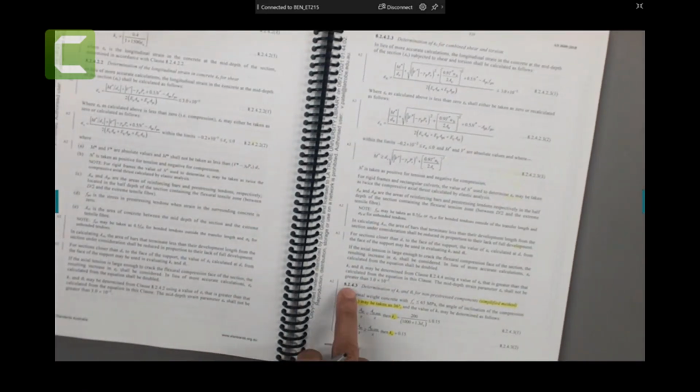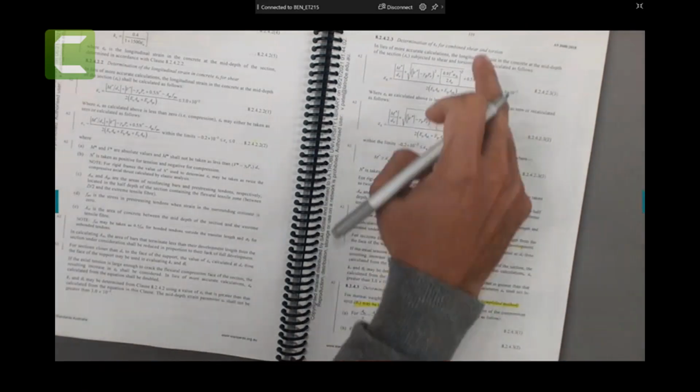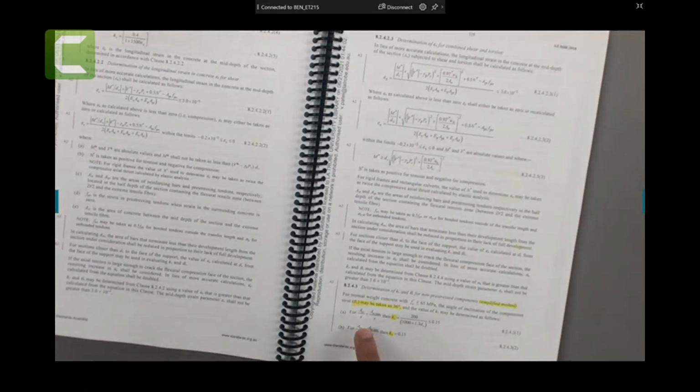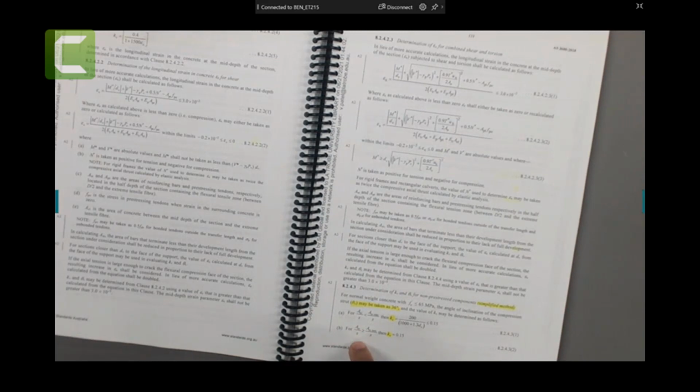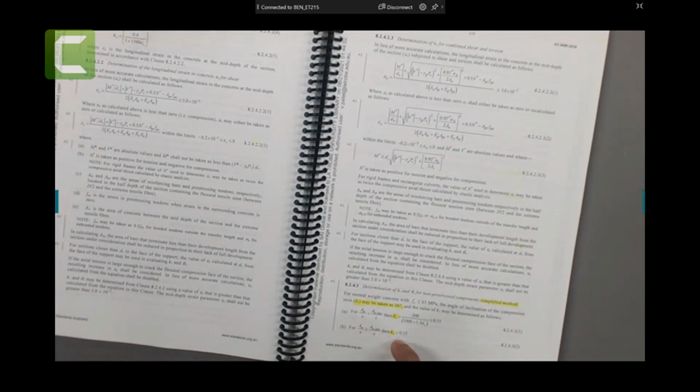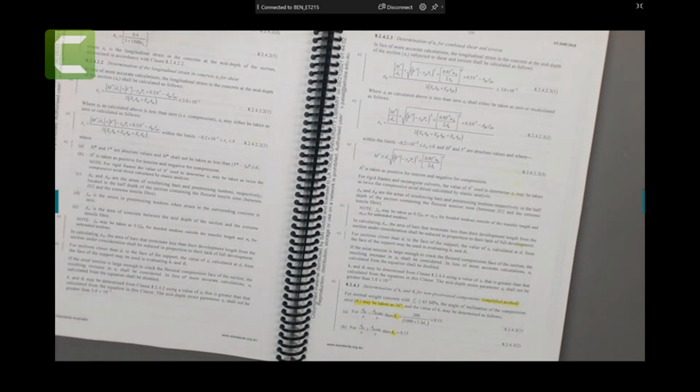Here, clause 8.2.4.3 on page number 119. You have these assumptions: ASV on S, ASV minimum on S. You can take kV equal to 0.15 and theta v equal to 36 degrees.